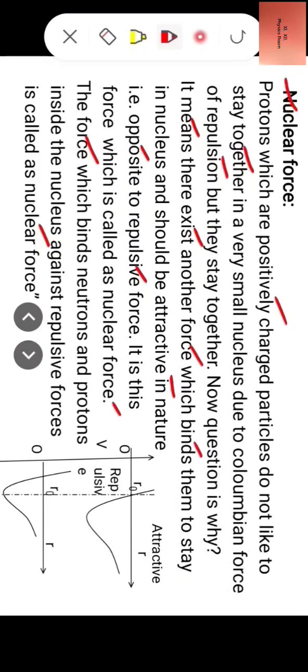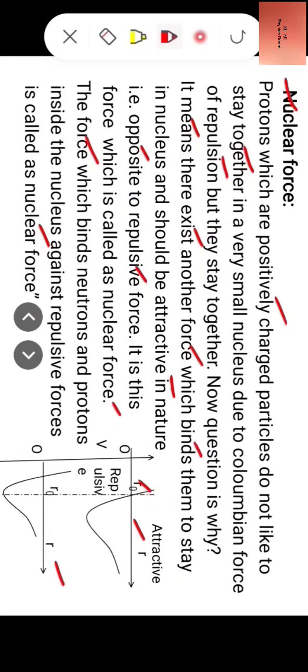And here in the diagram you can see force versus distance from center of nucleus curve, and potential energy versus distance curve. Mark the difference here: this is R0.